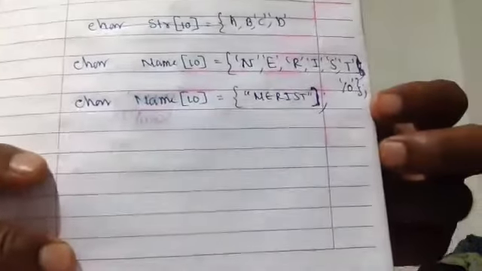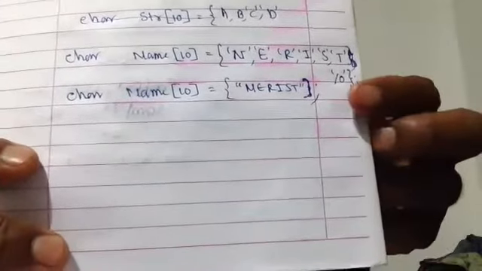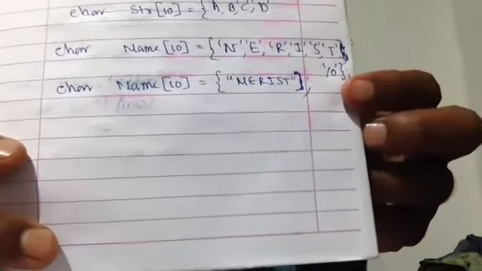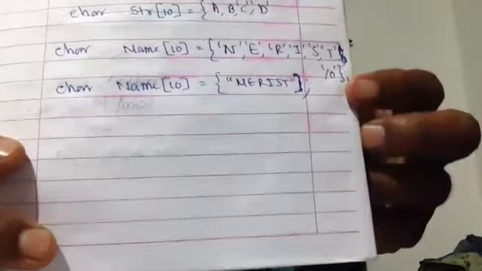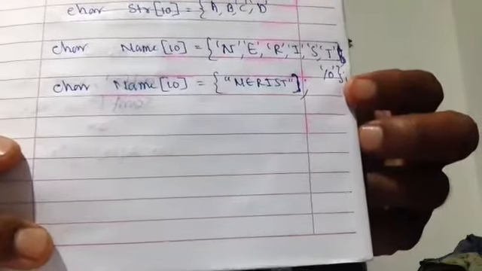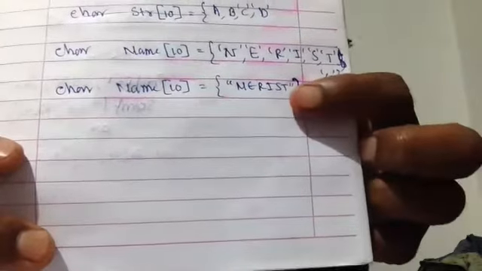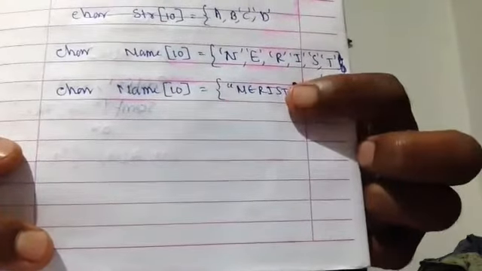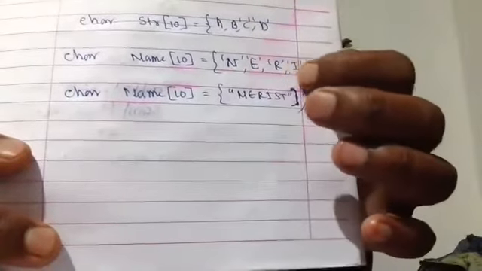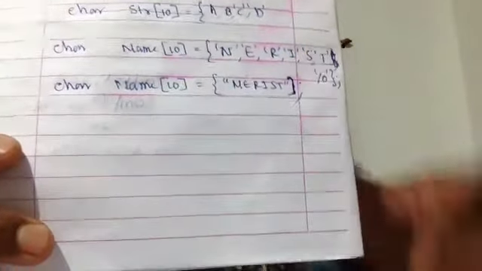Like this, quotation backslash 0 quotation. But in this case it is not required, because this is a collection of characters together. This is an individual character. Okay?